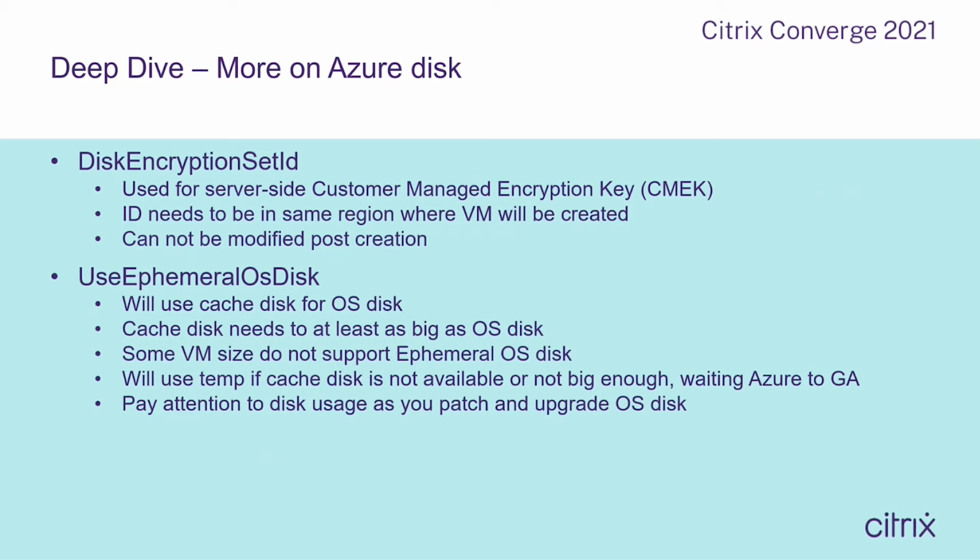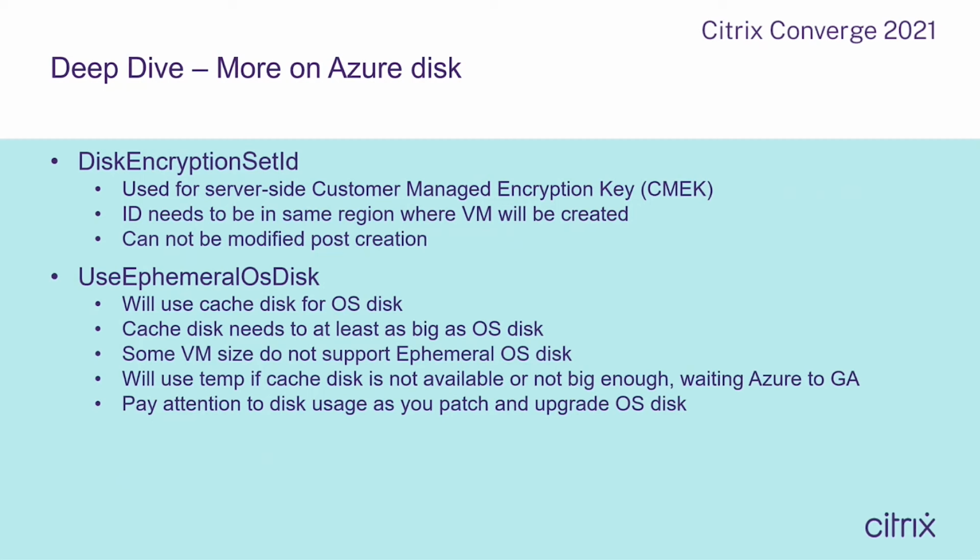Next one is about ephemeral OS disk. This is a fairly new feature that Microsoft released. It basically means that there will not be an OS disk visibly allocated to you. You will actually use a cache disk whenever it's available, and use that local cache disk as your OS disk, and the disk will read the content from the published master image.